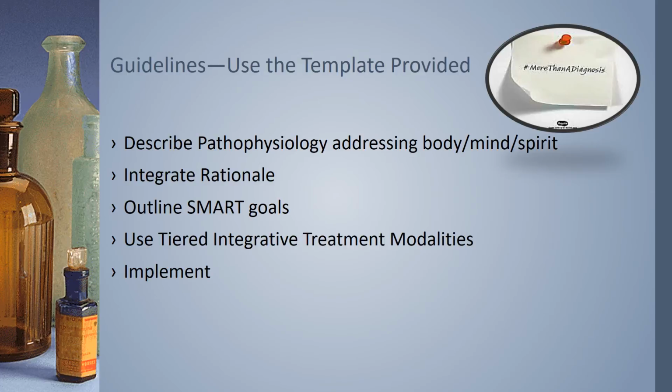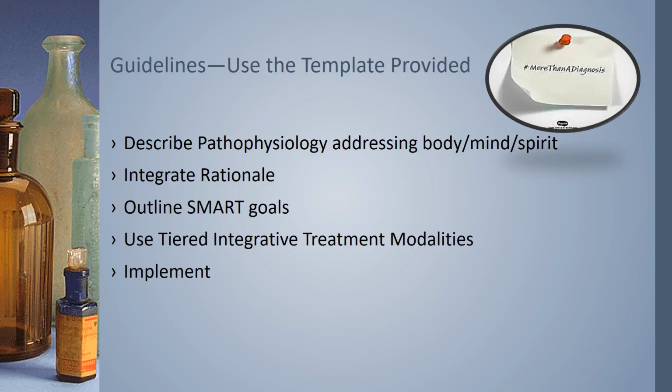Complete the template provided to outline information for tiers 1 through 4 using integrative therapies and tier 5 using one pharmacological therapy. This follows the integrative approach of starting treatment from least invasive to most invasive.